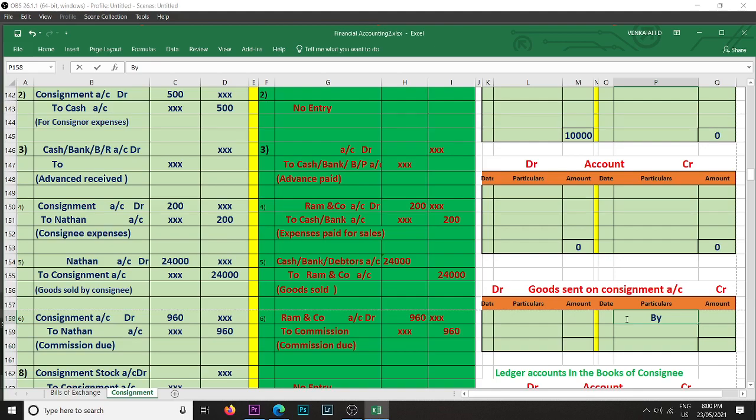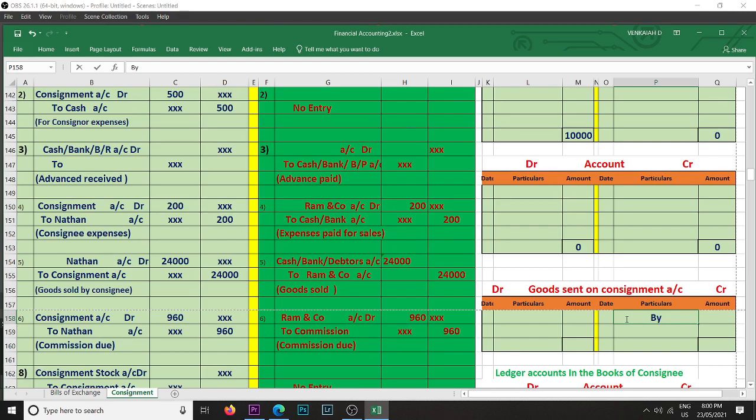And in the Nathan account, by consignment account, amount is 200. Next, sales.